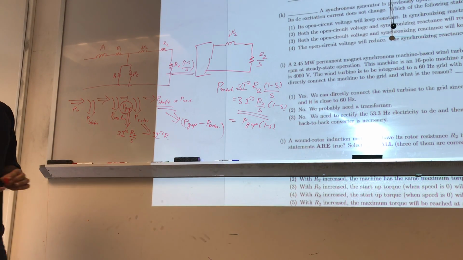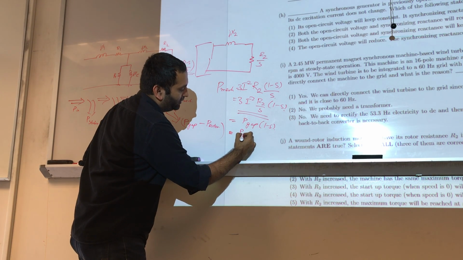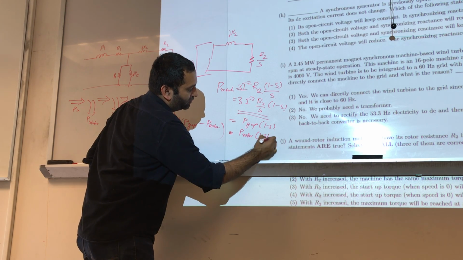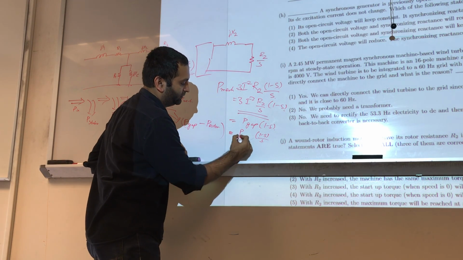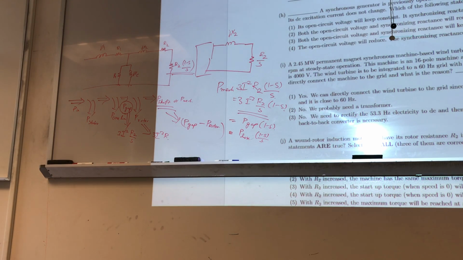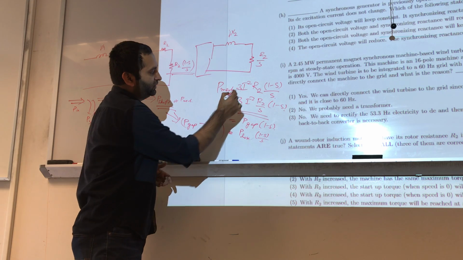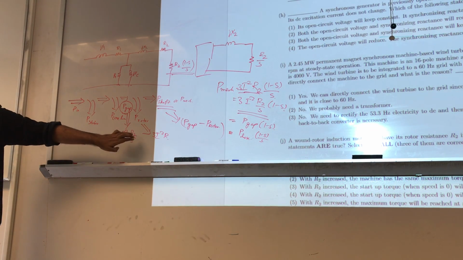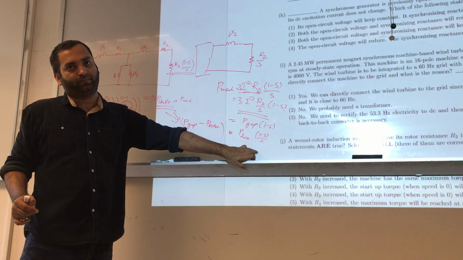Or we can also write it as P rotor times (1 minus S) over S. Or P loss, you can write it as P core loss, times (1 minus S) over S. Because you see here, this is just P rotor, right? So you can write P loss times (1 minus S) over S.